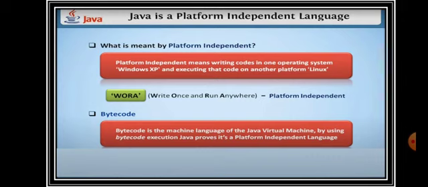Say for example, you are writing a code in Windows XP. You write the code, it can be run in the same operating system, Windows XP. And you take the same code from that Windows XP and you copy that in Linux, it will also execute the same program. So this is the advantage of using a platform independent language.